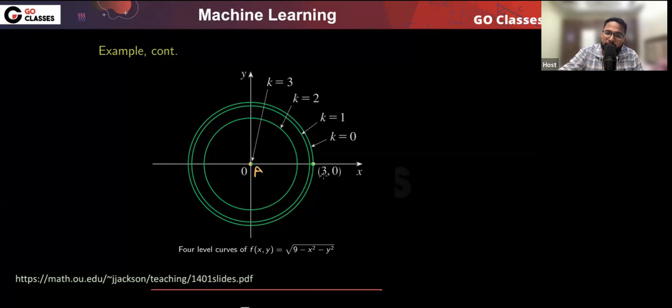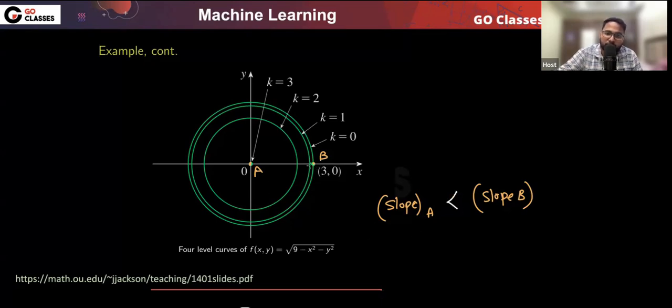Compared to point A, let's suppose this is point B: is the slope at A high or is the slope at B high? Slope at B should be high, right?